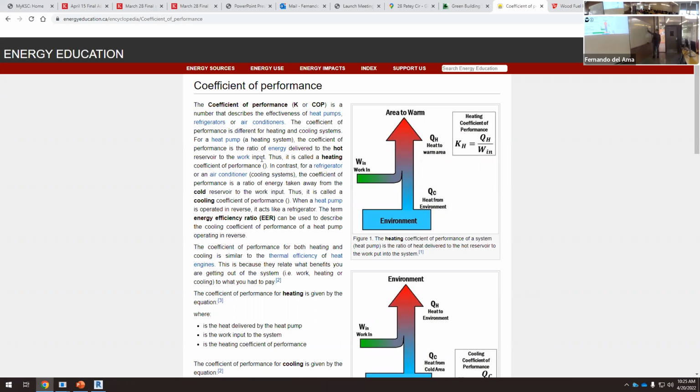If the coefficient of performance is 2, and I want to produce 2 kilowatt hours, the electricity is 1. So if the coefficient of performance is 5, and I want to produce 2 kilowatt hours, what is the electricity that I need? 10.